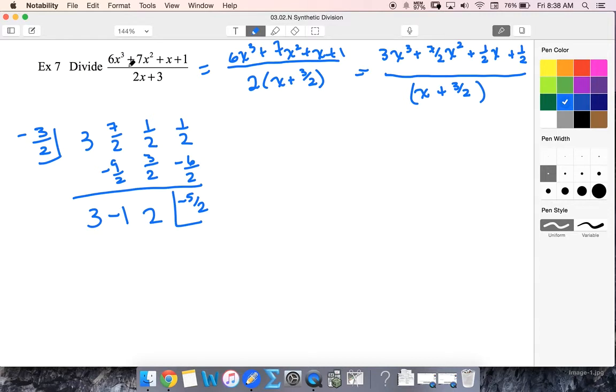So I know that 2x plus 3 is not a factor, but let's look at this in terms of our polynomial algorithm.